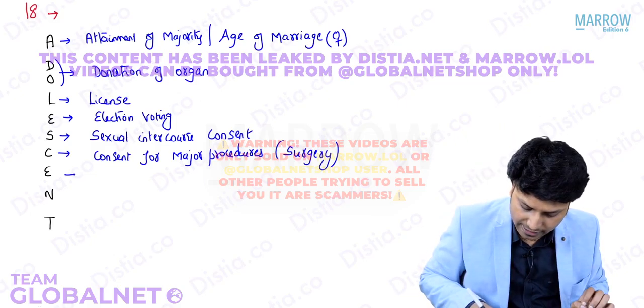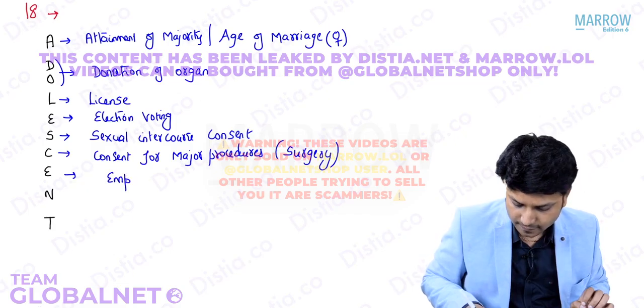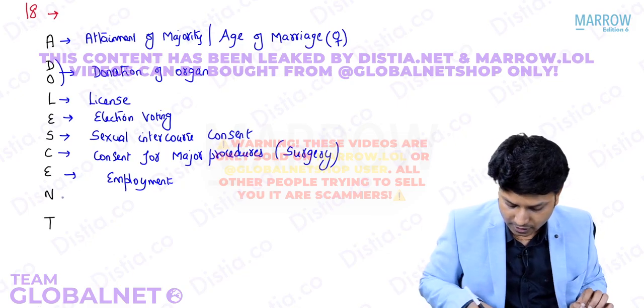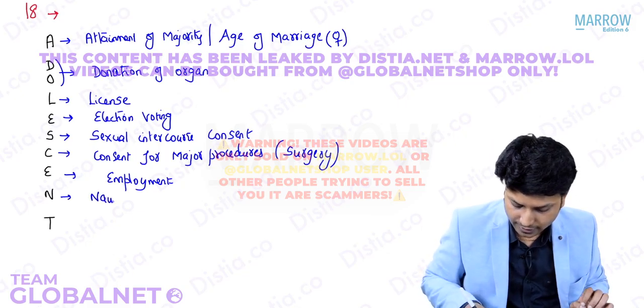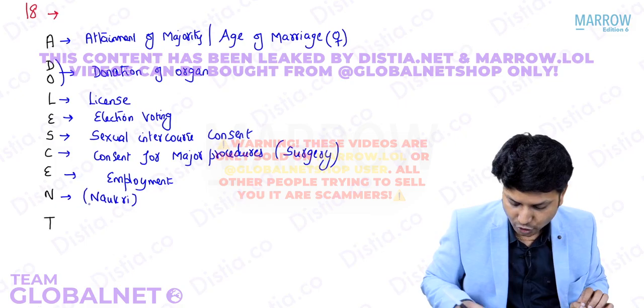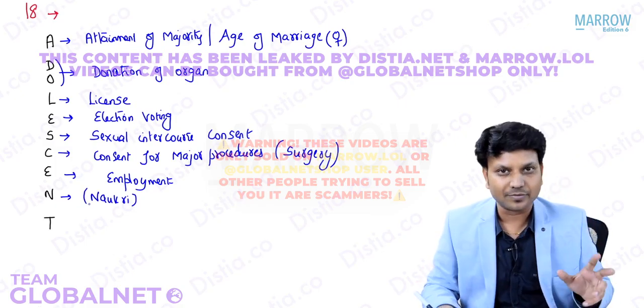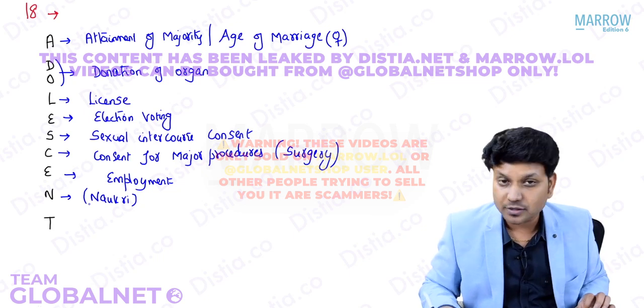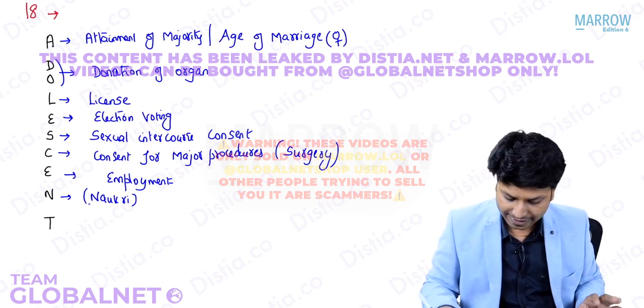Then you've got E for employment. The person can get employed in any kind of occupation. N for Naukri. Again, you can think of employment, job. Both are the same. E and N, the person can get employed. The person can also get employed in a government service. All this is 18 years.